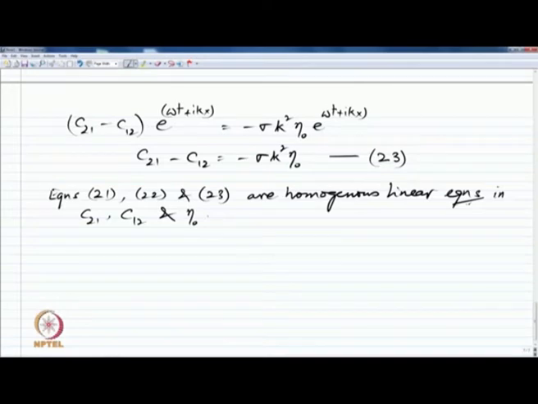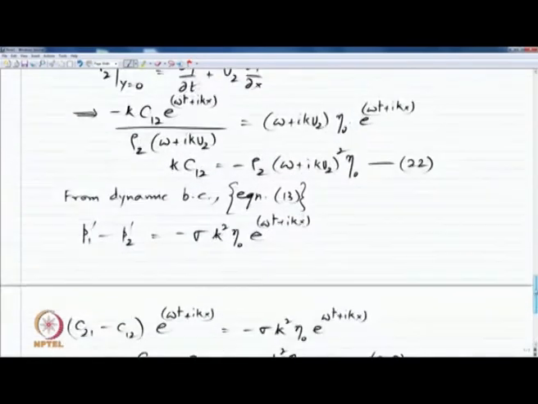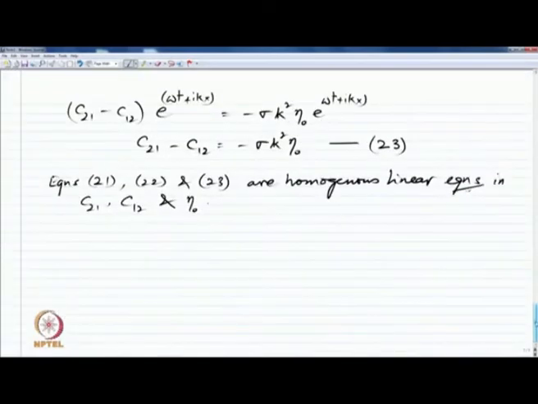So, there are 2 ways of doing this. I can look at these 3 equations, and any time I have 3 equations in 3 variables, the only time you have a non-trivial solution is when the determinant of the coefficients goes to 0. That is one way of solving it, and that is probably the most general way of solving it.